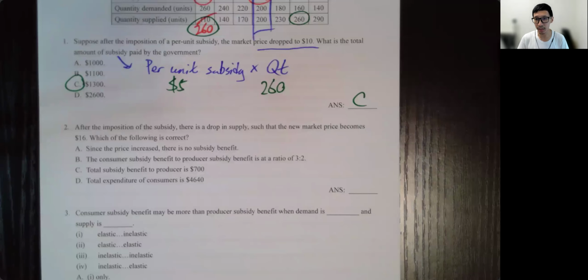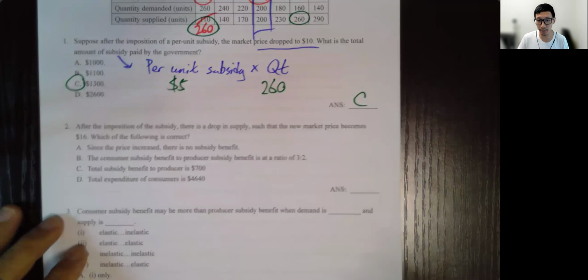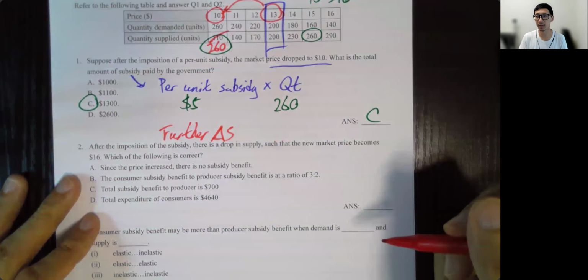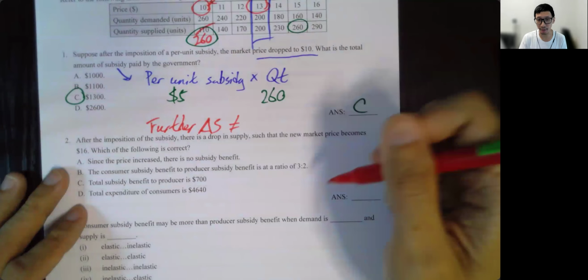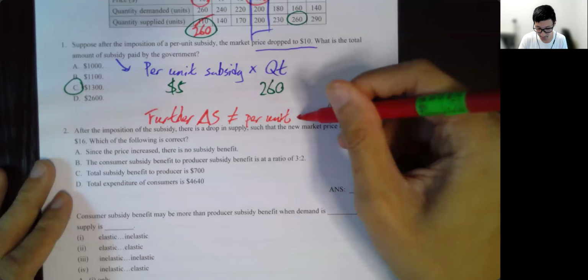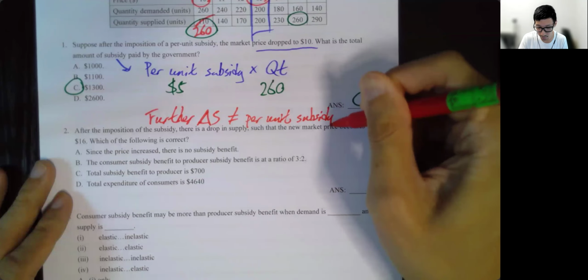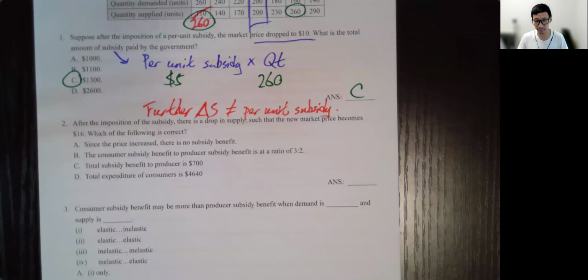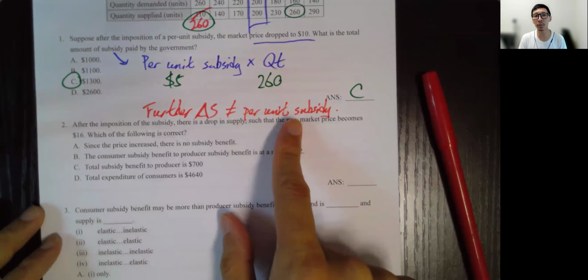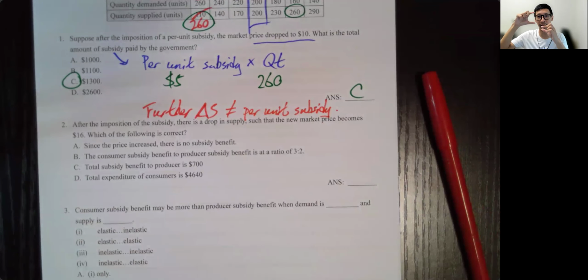If you have paid attention in our class and watched the previous videos, you will know that this, what we call further change in supply, does not affect our per unit subsidy situation. 嗱，佢係唔會搞到我哋原先個 per unit subsidy 嘅。These are two different things. So the original subsidy benefit sharing should be the same.